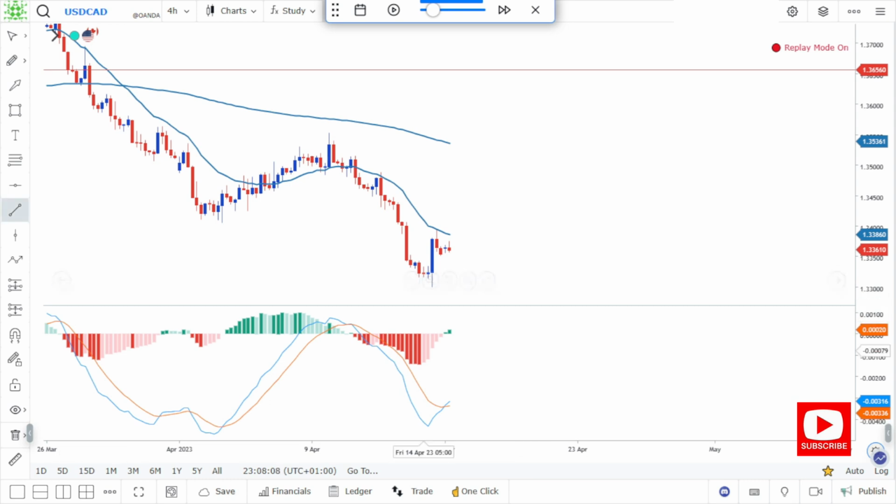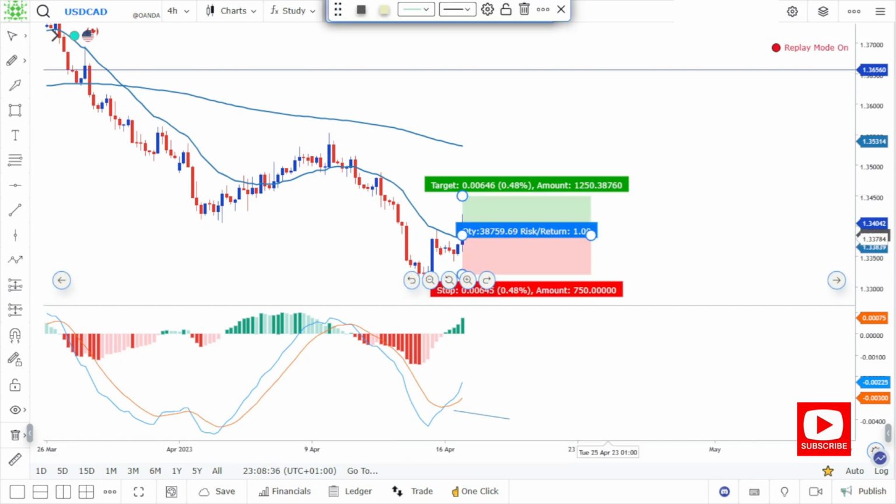Here we can see a clear crossover from our MACD. But we are not going to enter this trade. Why? Because our moving average 20 is not broken to the upside. We have to wait for the moving average 20 to be broken before we enter our trade. And right there, 50% or more of this candle broke the moving average 20.